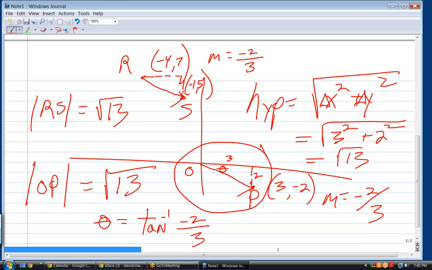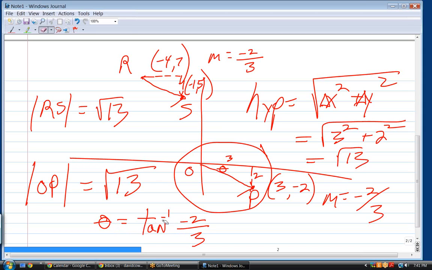As long as you understand the picture and the diagram, then it doesn't really matter what the sign is. That angle is the inverse tangent of 2 over 3. If you want that angle relative to our unit circle, then it's the inverse tangent of minus 2 over 3, which gives you a negative angle. And that's what that really is, a negative angle. But they didn't even ask for that angle, but they will.